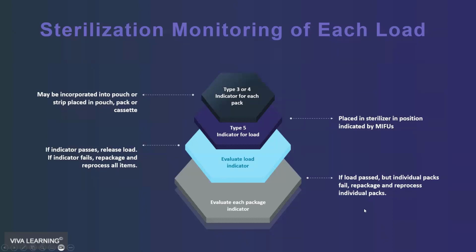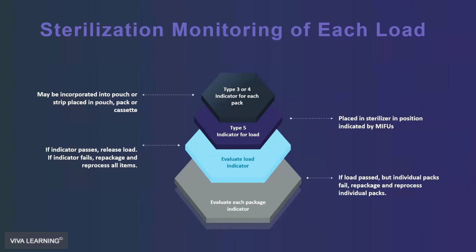If the load passed, but individual packs fail, then you just repackage and reprocess those individual packs where the indicator didn't change color. So this takes a little bit of time to develop that habit of checking that item first and then checking each pouch or each cassette.